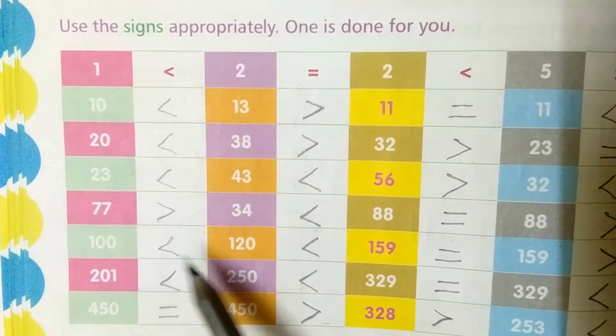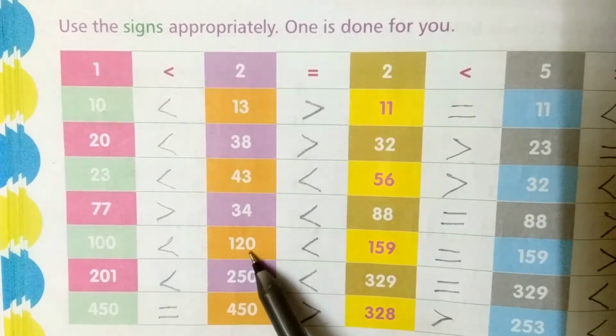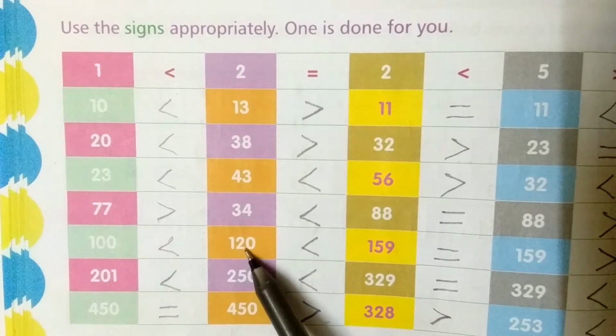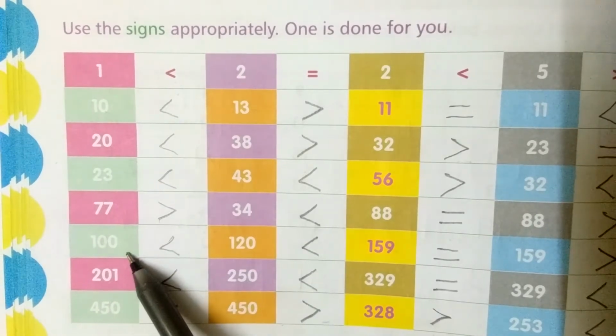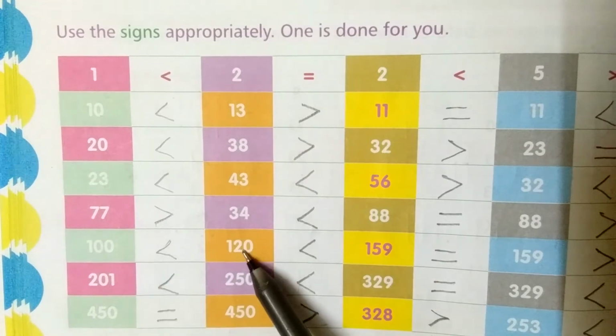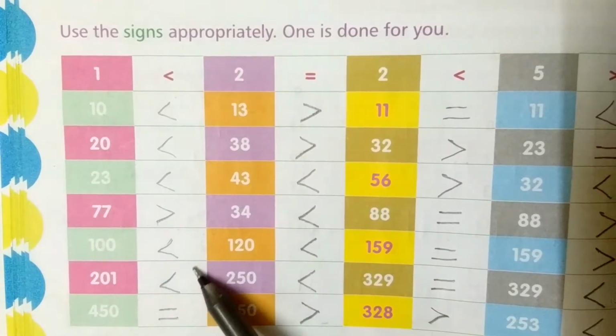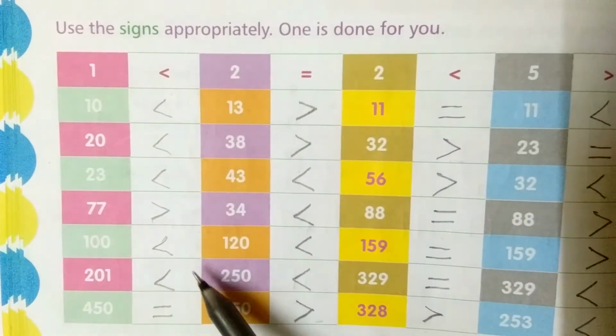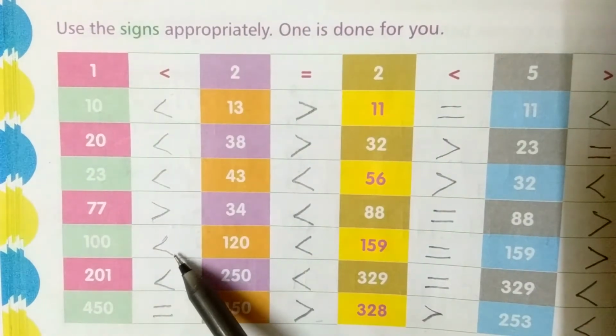Which number is the big number, 100 or 120? Yes, 120 is bigger than 100. So 100 is less than 120. Like this you have to keep the less than symbol here, children.